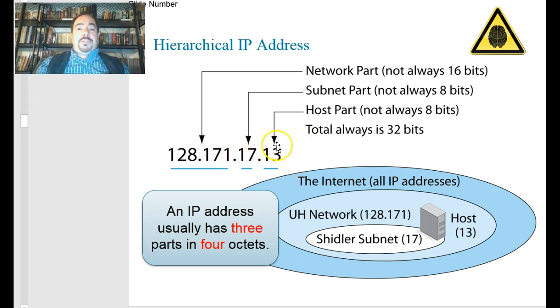The host part will always be the farthest right, but you don't know how many bits there are for the host. You do know, beyond a shadow of a doubt, how many bits total you have for addressing, and that's 32. So what we're doing is chopping up 32 bits into a network part, a subnet part, and a host part. And these are decisions we have to make ahead of time as we're designing the network.